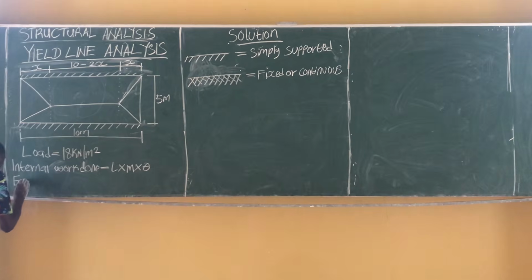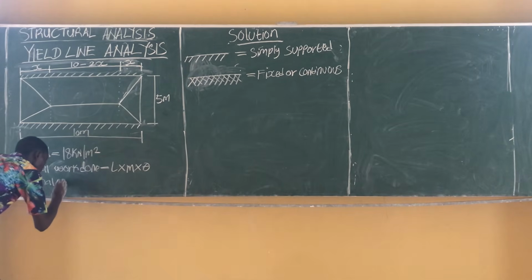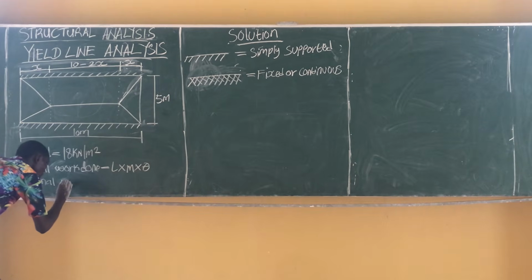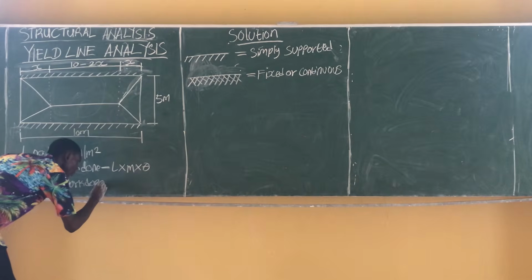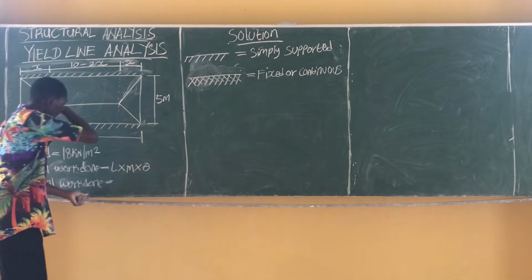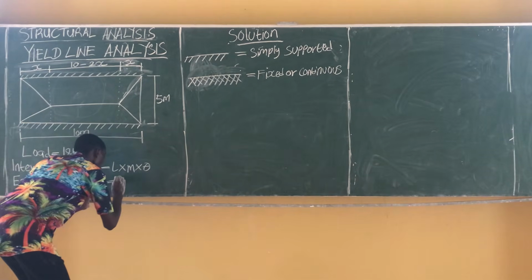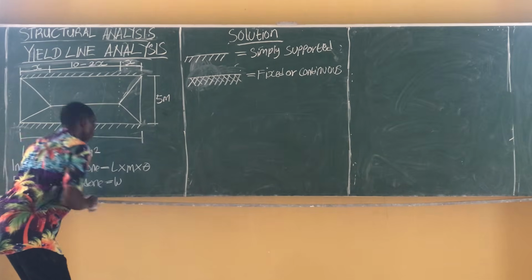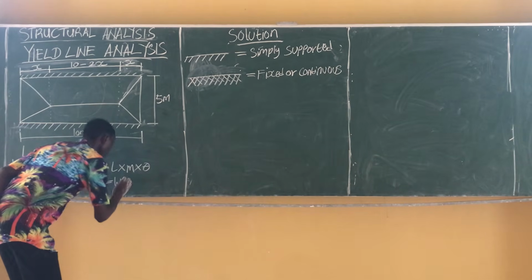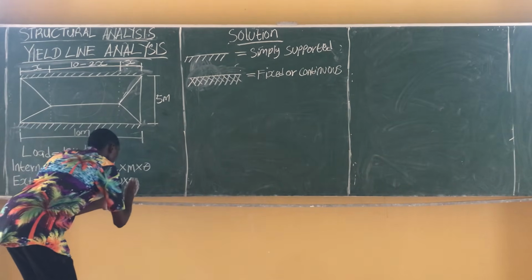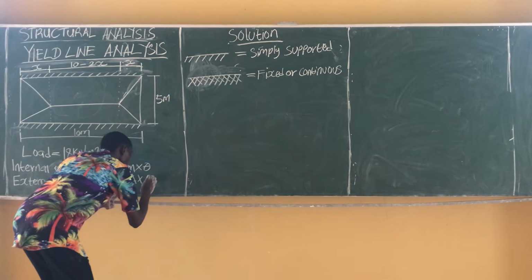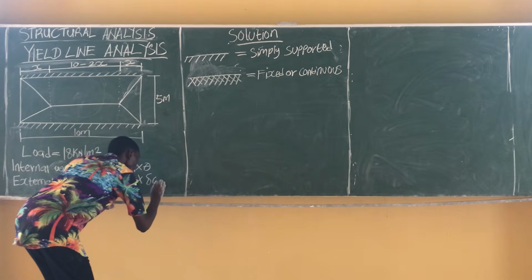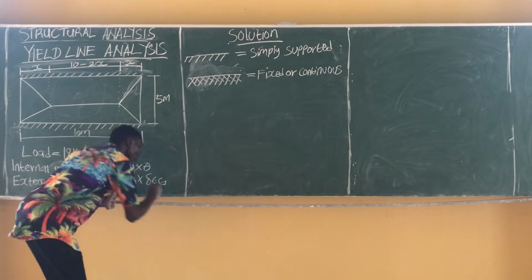Our external work done is equal to our load, let me call that W, times the area of the segment times the deflection of the center of gravity.